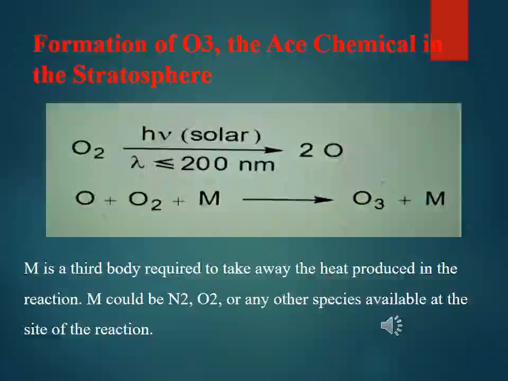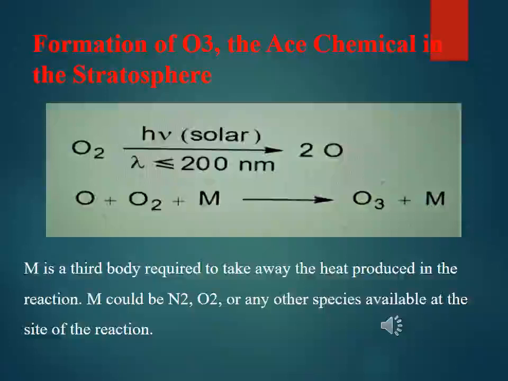This atomic oxygen is very unstable and very reactive and reacts with oxygen to form O3, ozone, and some of the heat produced during this reaction is absorbed by the M.